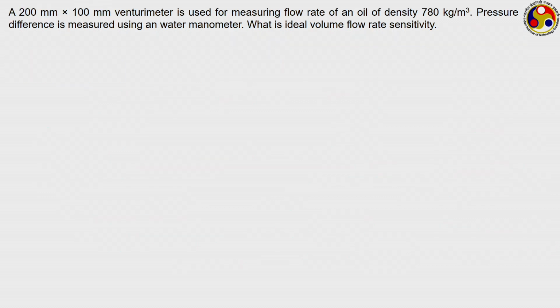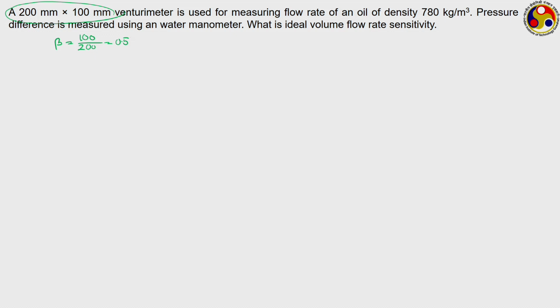Another small problem, here we are dealing with another venturimeter where the dimensions are given in a different way, 200 mm by 100 mm. This is a quite standard way of representing. This actually means that 200 millimeter is the actual pipe diameter, 100 millimeter is the throat diameter. So, your beta is 100 millimeter by 200 millimeter, that is 0.5 in this case as well.